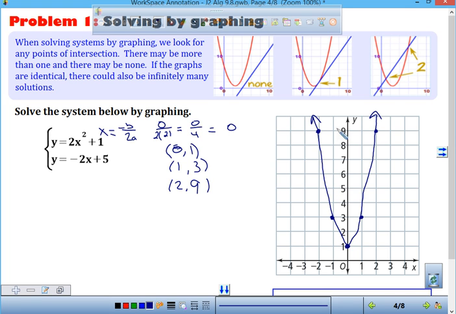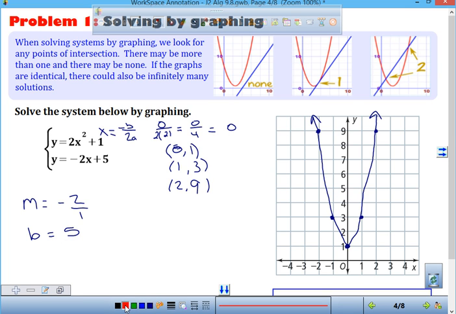Now, questions on how to graph the quadratic? Okay, slope-intercept form. That's point slope. Not quite. When you graph a linear equation with slope and y-intercept, what's our slope in that bottom equation, the second equation? Mx plus b, so slope is what? Negative 2 over 1. And then the y-intercept? 5.